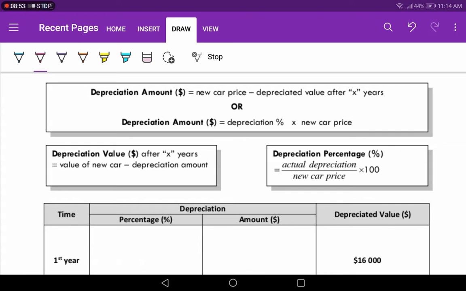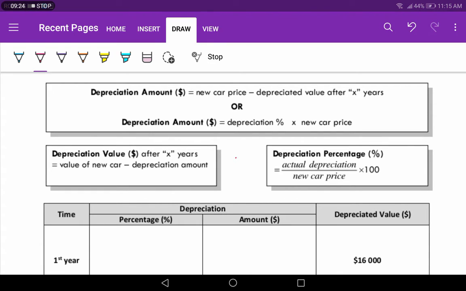In order to find the depreciation amount, which would be in dollars, you would take your new car price and subtract the depreciated value after X years. Or if you didn't have that information, you could take the depreciation percentage and multiply it by your new car price. To find the depreciation value after X years, we would take the value of the new car minus the depreciation amount.